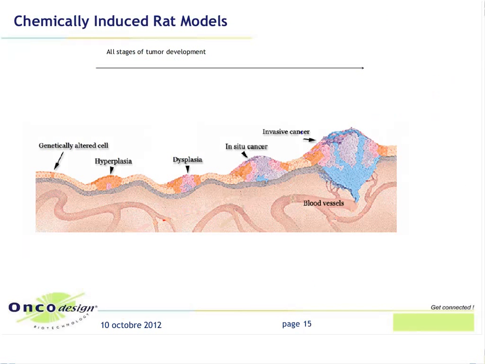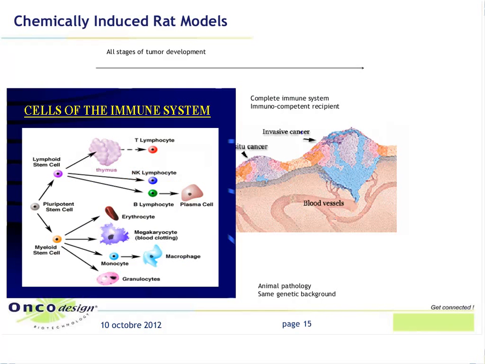For chemically induced rat tumor models, the major advantage is to work at all stages of tumor development, from the genetically altered cells until the late stage of tumor development. Moreover, the experiments are performed in a complete biosystem with a complete immune system.